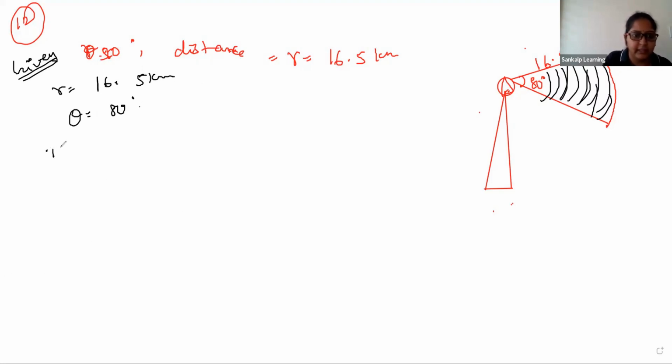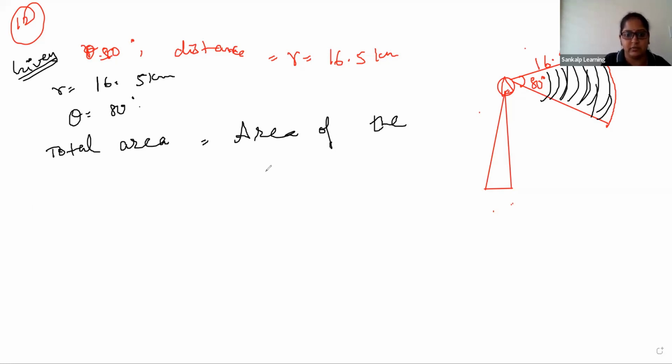So total area is equal to, that means what, we had to find the area of the sector. Area of the sector. And we know the formula, theta by 360, right?